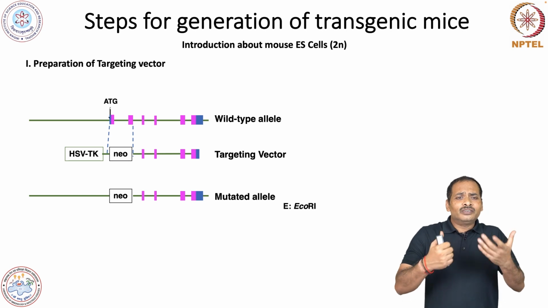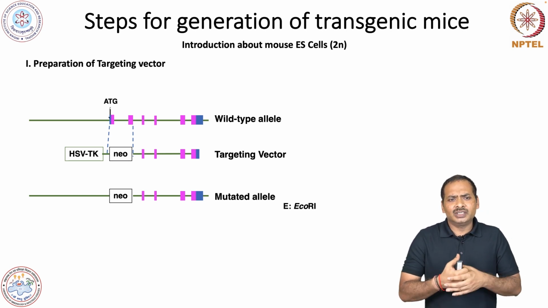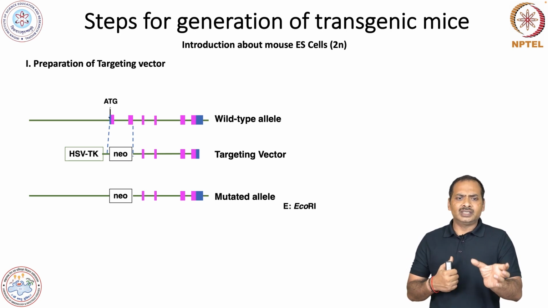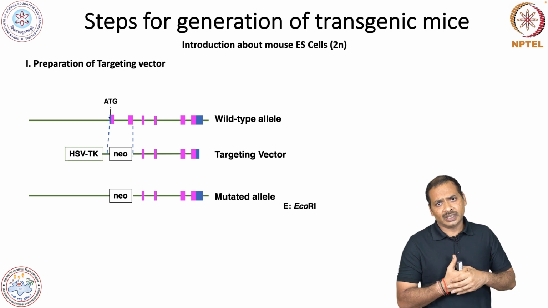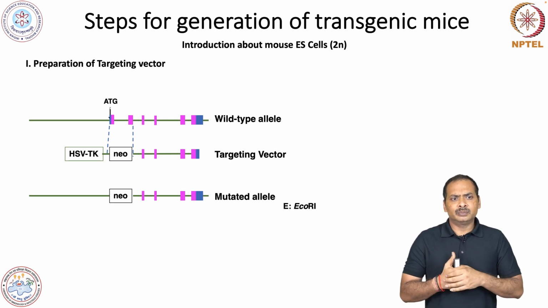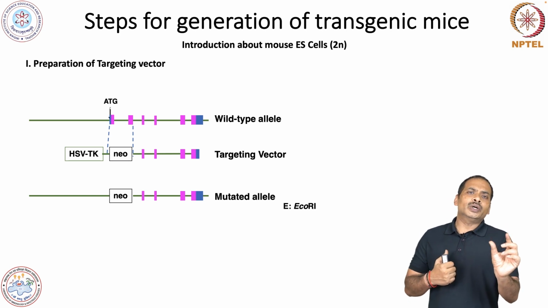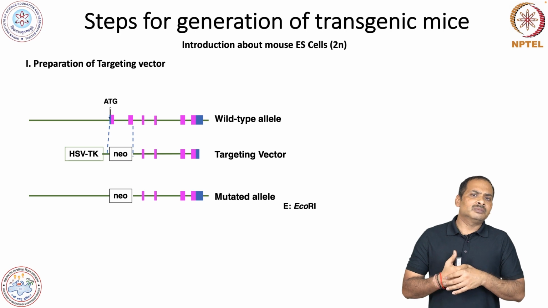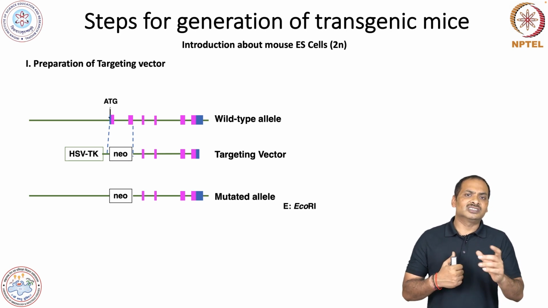Once you make this targeting vector successfully, after finishing all this, you will get this kind of mutated allele. You can see in the bottom panel that the 2 exons and the first exon along with the 5 prime UTR are disrupted.